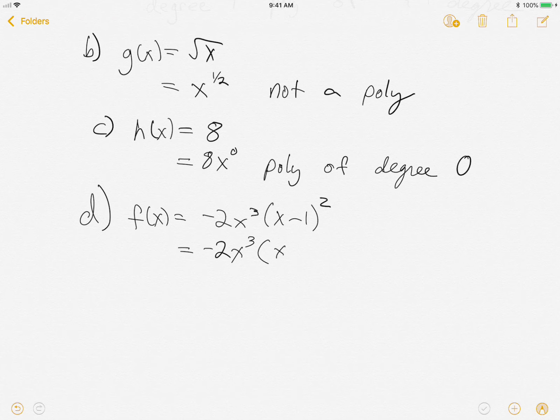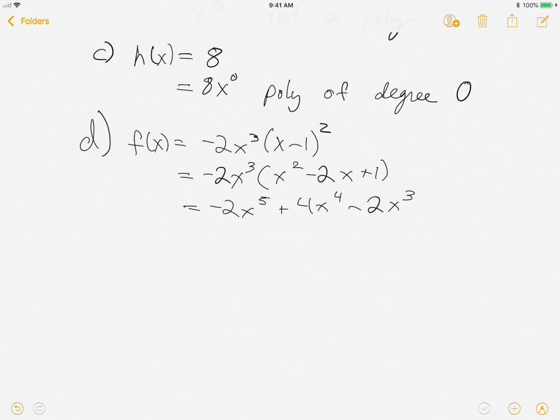Go ahead and multiply this guy out. Okay, that is a polynomial, following the definition up there. Highest term's 5th, and then it goes down to 4th and down to 3rd. So the degree of this is 5th degree.